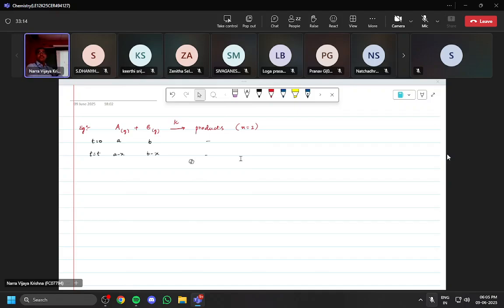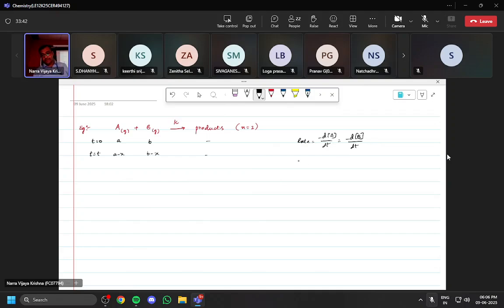What will you write? What is the rate equation? Instantaneous rate equal to what will you write? Minus dA by dt, which is equal to minus dB by dt. According to law of mass action, what will you write?